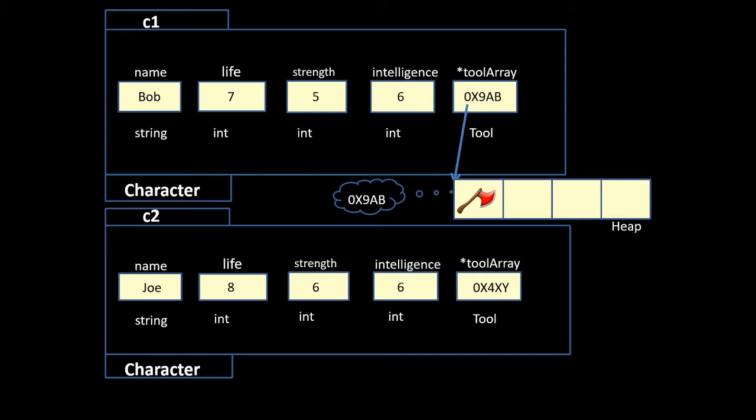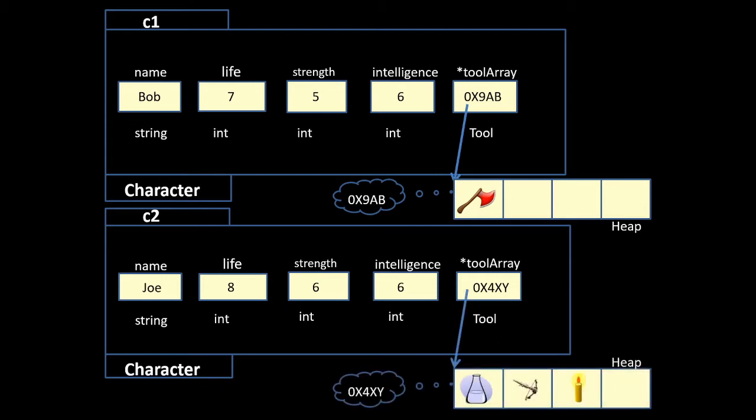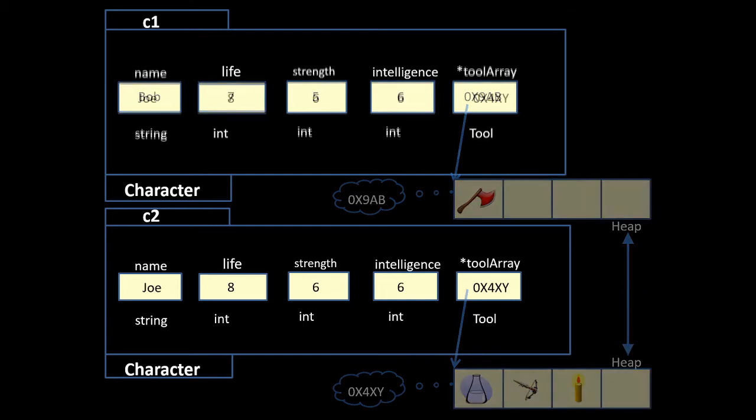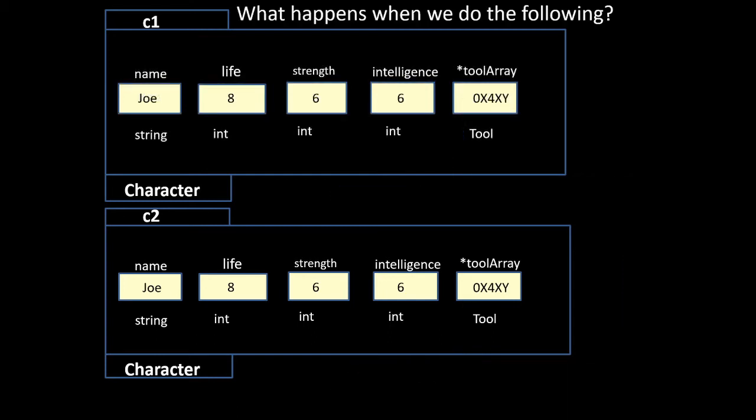And C2, Joe, has his own tools, his own array of tools. He's got a potion, a crossbow, and maybe a candle. Okay, and notice these are both on the heap. I'm just going to clean that up a little bit. What happens now when I do C2 equals C1, but I'm dealing with heap space?